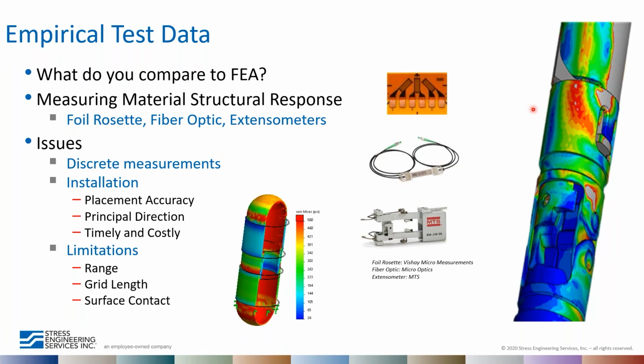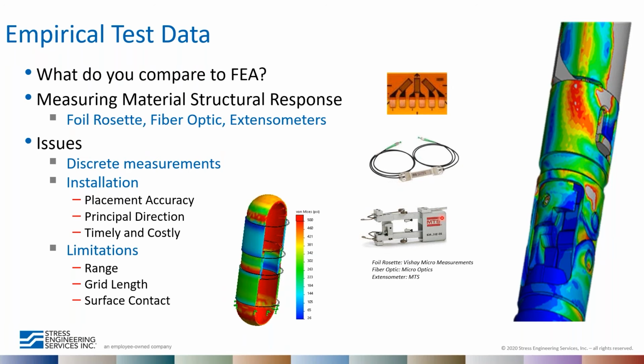The three main types are a foil rosette strain gauge, like shown here. This is a triaxial strain gauge that can be used to calculate a von Mises equivalent strain under the gauge location. This is a fiber optic strain sensor. And this is an extensometer. It can also be used to measure deflection, typically used in material coupon tests.